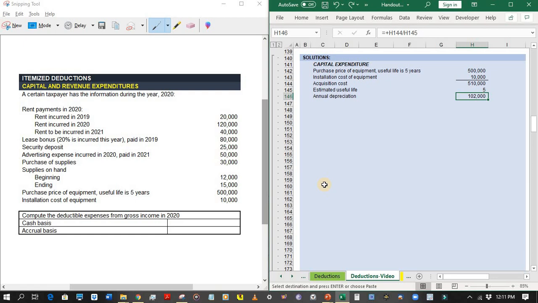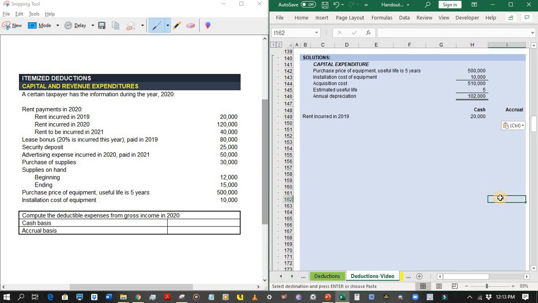First, the 20,000, which is the rent incurred in 2019. Let us do both cash and accrual basis. So what is the treatment for the rent incurred in 2019 but paid in 2020? Since this is paid in 2020, this is deductible for tax purposes under cash basis.